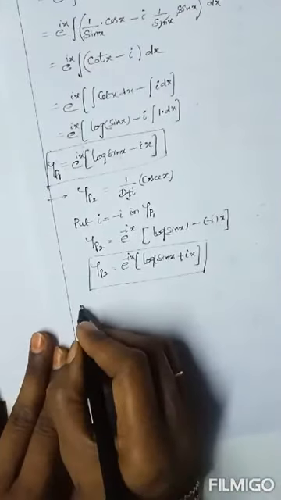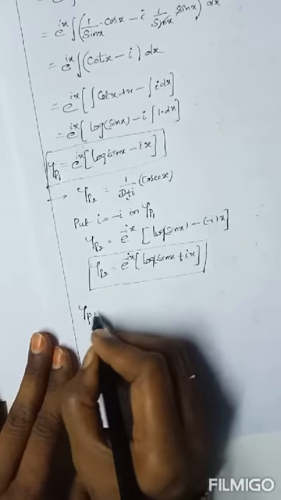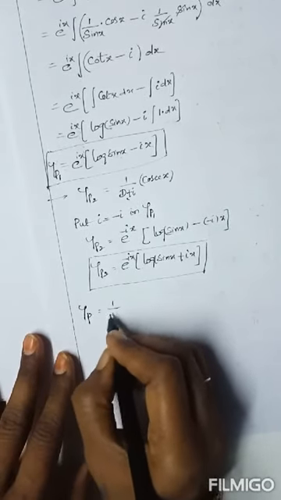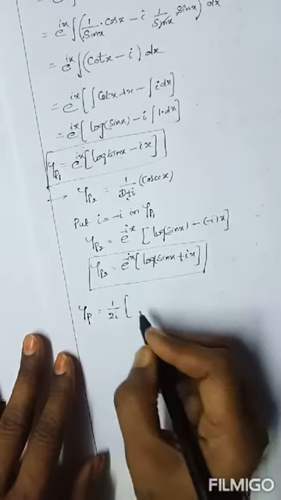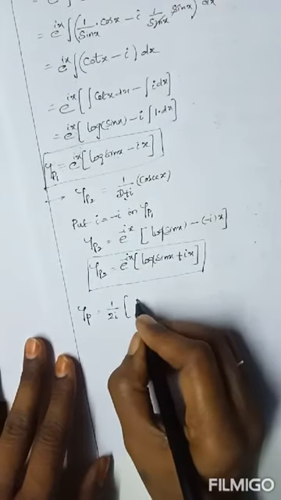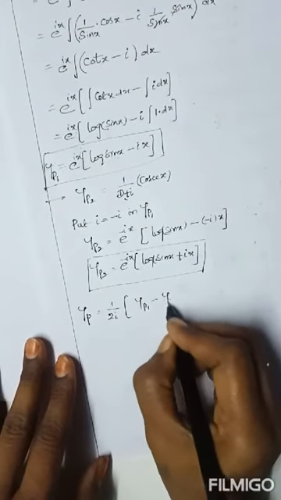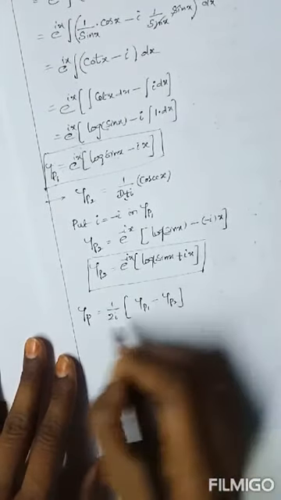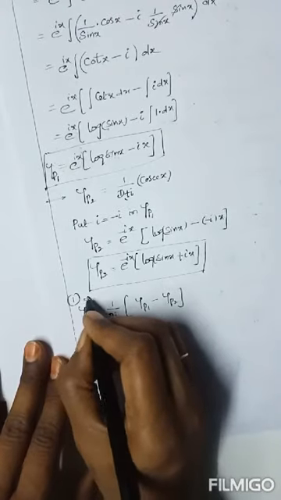So, totally, the yp we actually need is 1 by 2i into yp1 minus yp2. This is equation number 1.